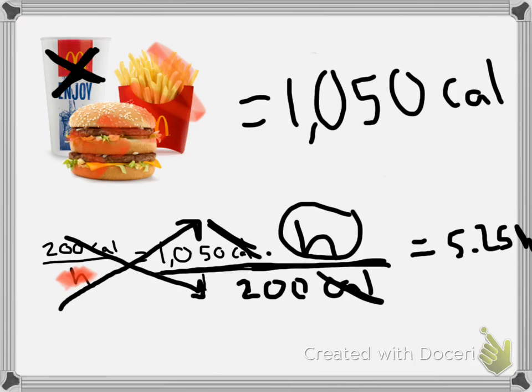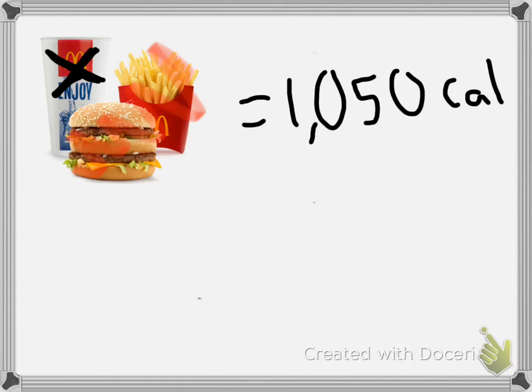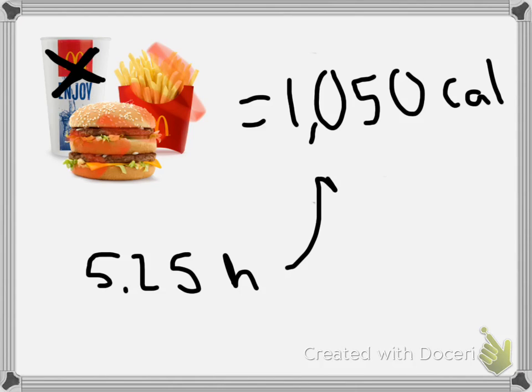So what this is saying is it's going to take us 5.25 hours of walking in order to burn or transfer this energy, this chemical potential energy, into different kinds of energy that will not make us gain weight.